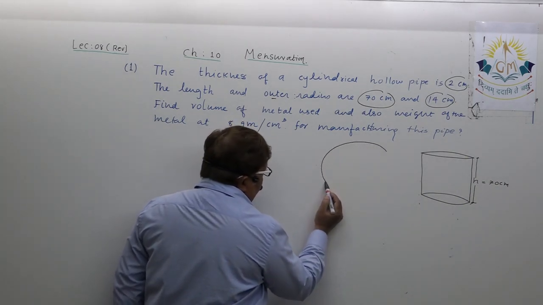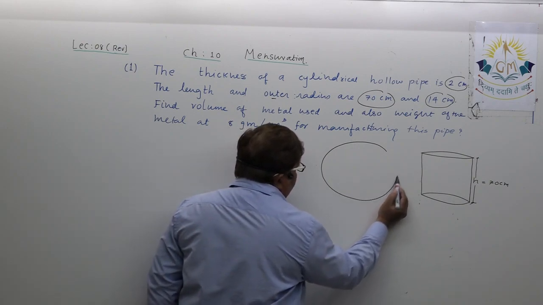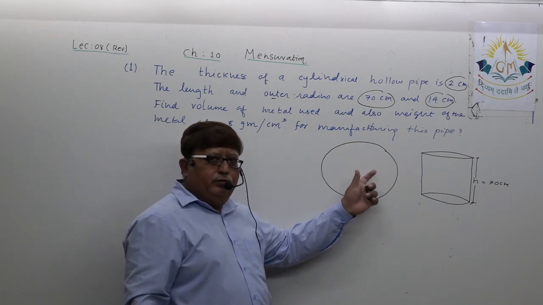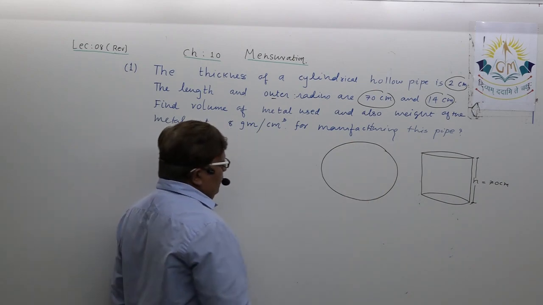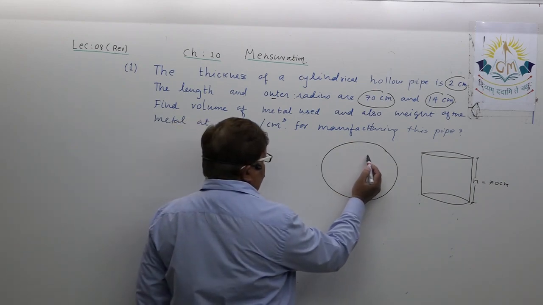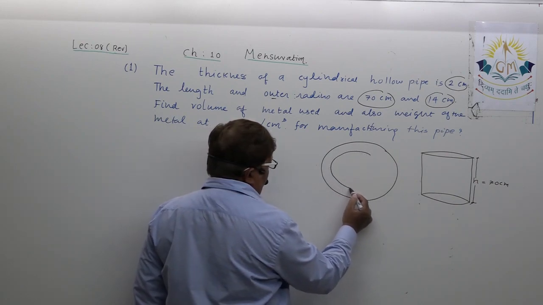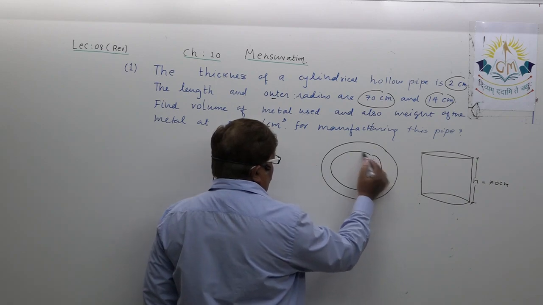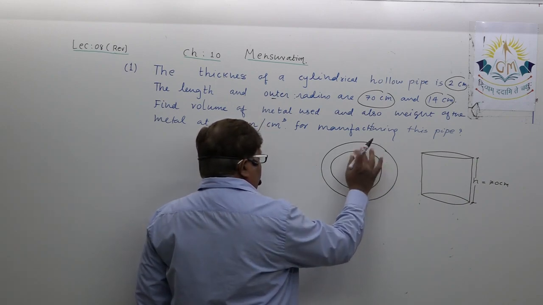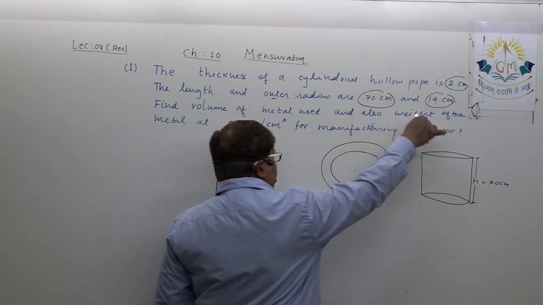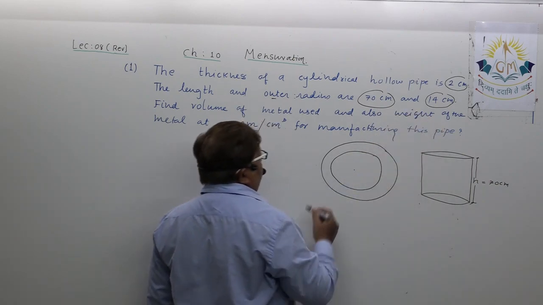You also draw with me, dear student. I have just enlarged the view so that we can understand. So dear student, this is the way the pipe looks when you see from the front.